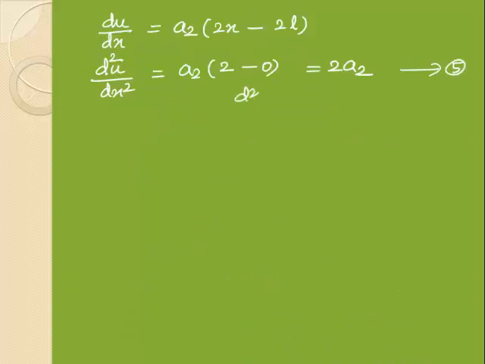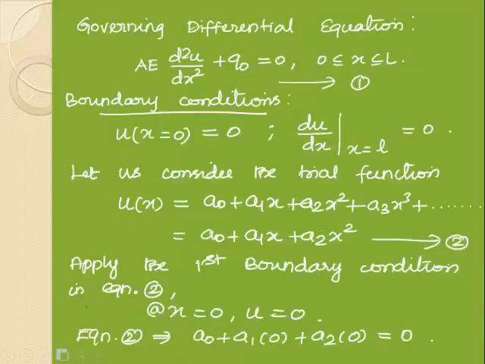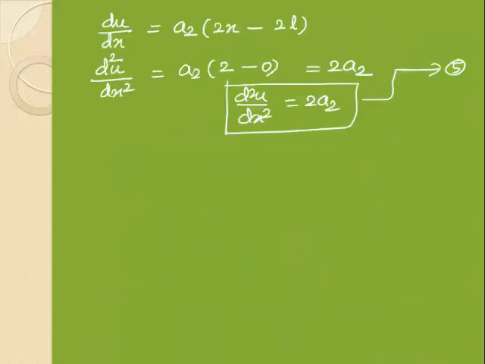So d square u by dx square is 2a2. Now by comparing this with the actual governing differential equation, we can formulate the residual function. Here we have that d square u by dx square value is 2a2.